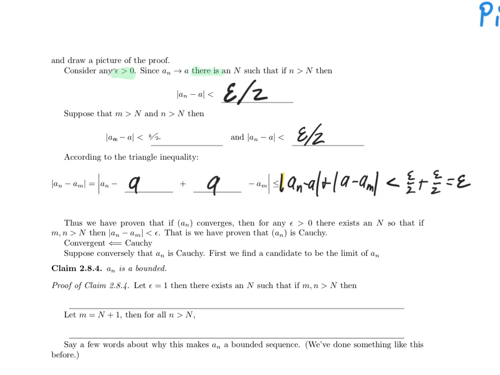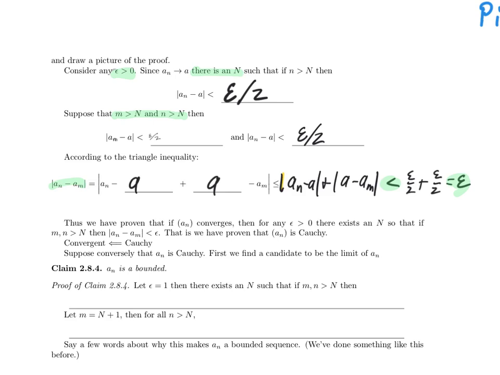We came up with a choice of big N. We assumed that little m and little n were bigger than big N. And then we showed a sub n minus a sub m is less than epsilon. So, putting that together, this means that the sequence is Cauchy. Nice.